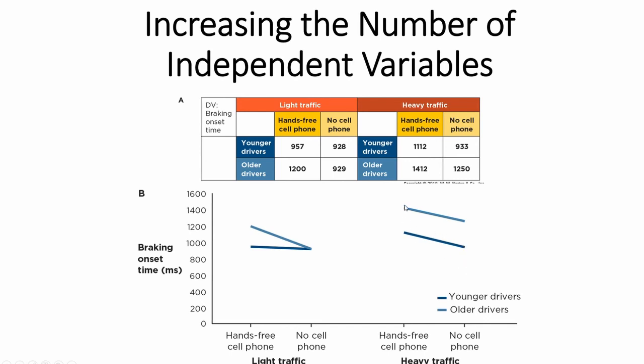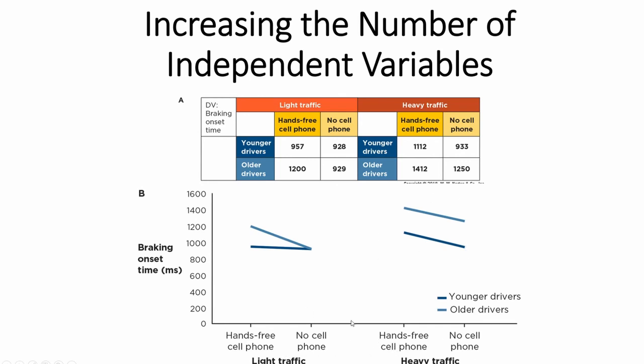And the older drivers have the same pattern, slower reaction hands-free than with no cell phone, but with that overall slower reaction time in the older drivers. So there's no interaction in heavy traffic.